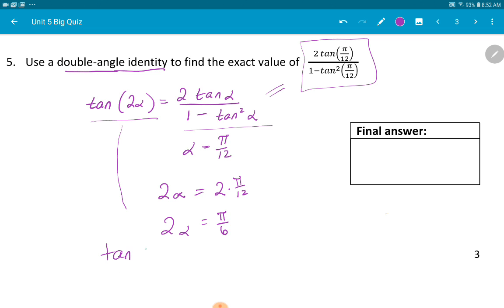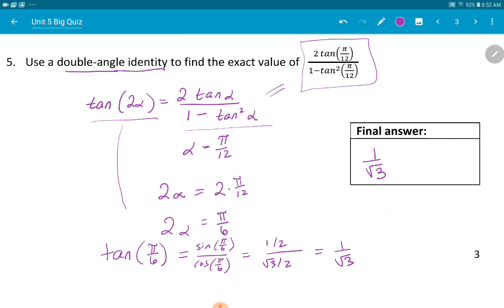So I take tan of pi over 6, and that I know from the unit circle is sine of pi over 6 over cosine of pi over 6, which is, sine is 1/2, cosine is radical 3 over 2, and that gives me 1 over radical 3 as a final answer, also known as radical 3 over 3 in rationalized form.